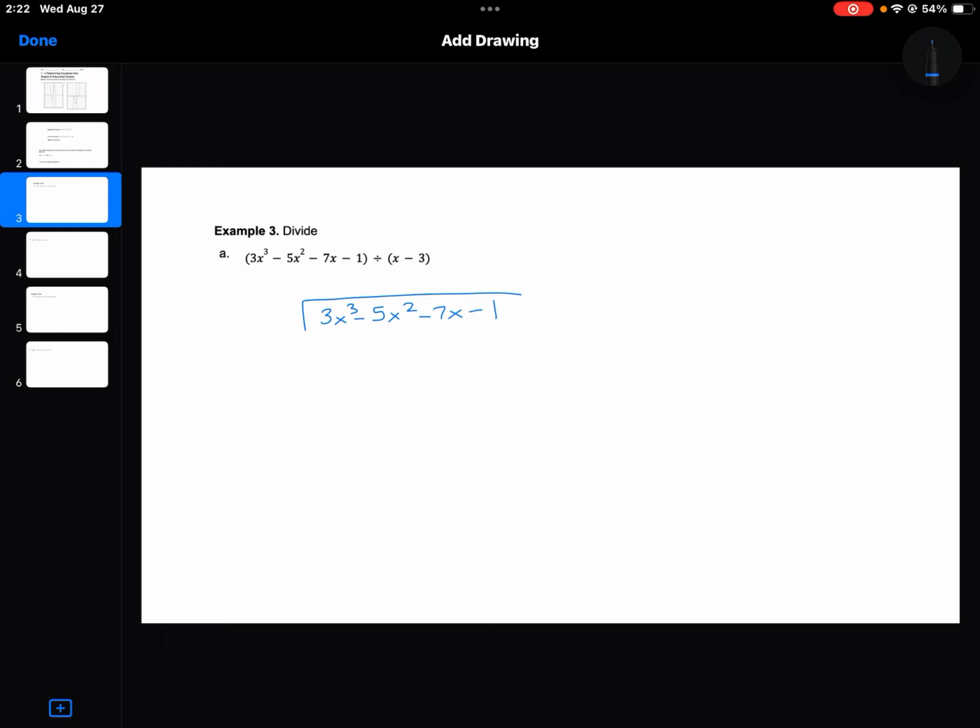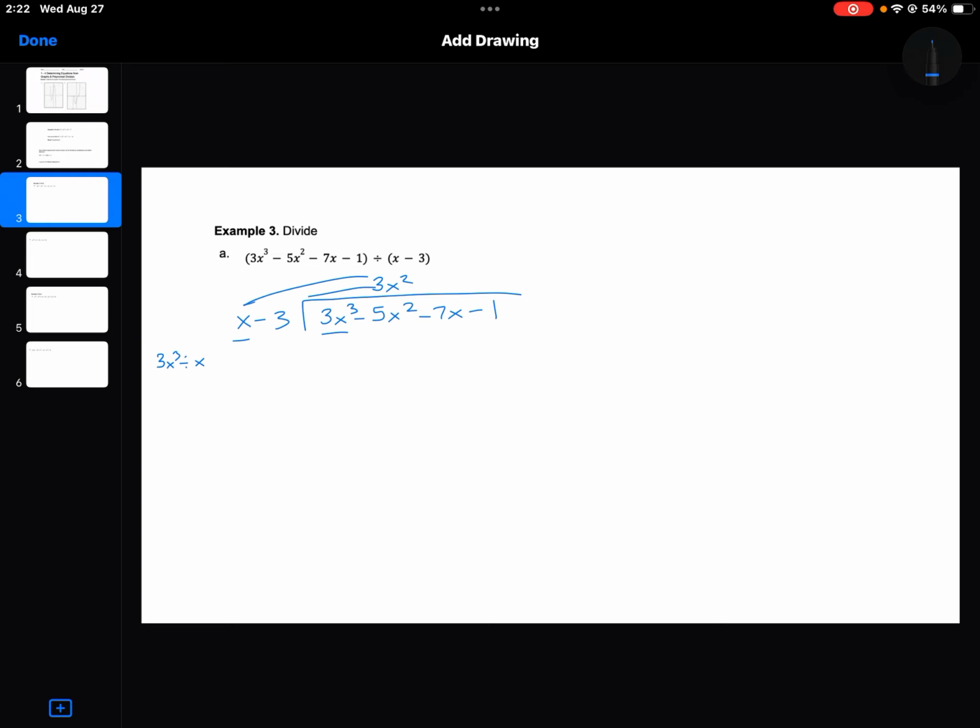This is my dividend. And then in front, I'm going to put my divisor. So now when I go to put the next term up, I'm just going to look at the first term divided by the first term in my binomial. So 3x cubed divided by x. I know that's going to leave me with 3x squared.